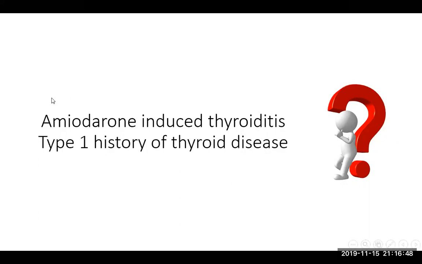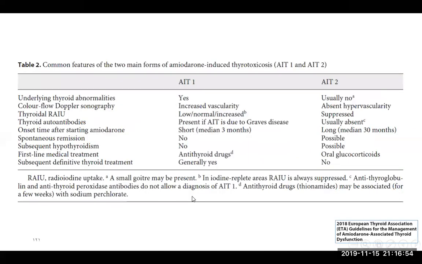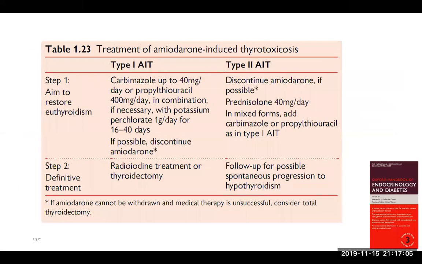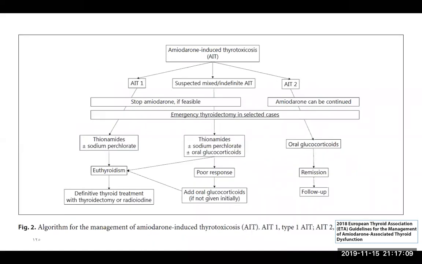Here, a question asked about amiodarone-induced thyroiditis type 1, history of thyroid disease, and how to differentiate. As we mentioned previously, this is how to differentiate between type 1 and type 2, and this algorithm is from the guideline published by ETA last year. This is also how to manage and treat type 1 and type 2.